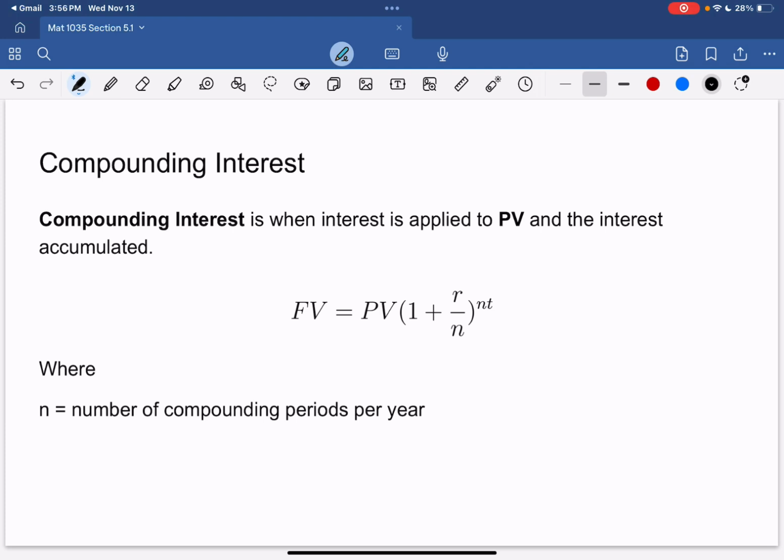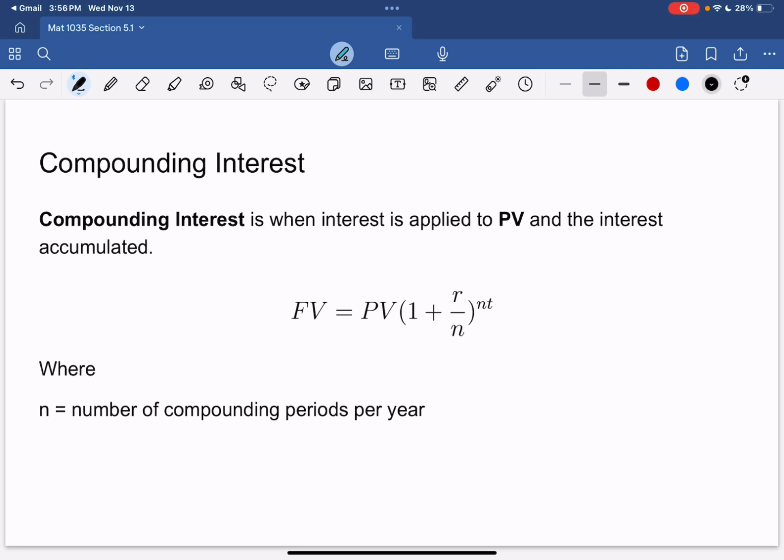Now I want to talk about compound interest, which happens when the interest is applied to the present value and the interest accumulated. Think about it along the lines of a credit card. Each month your credit card company calculates a payment based on the balance.